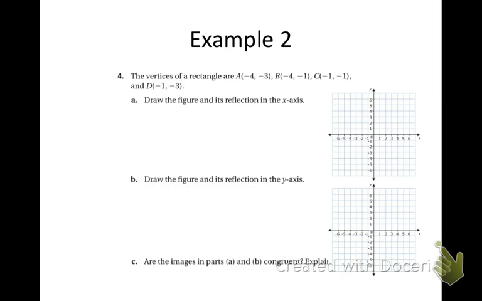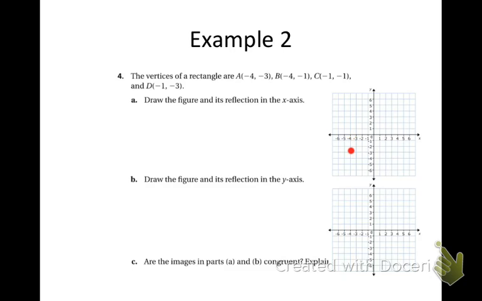So now let's do some of these reflections. In this example, I'm going to go ahead and graph the original in red. So we have A is equal to -4, -3. Then B is equal to -4, -1.